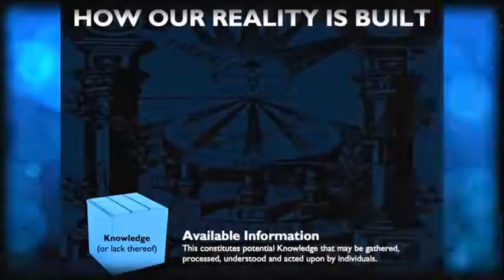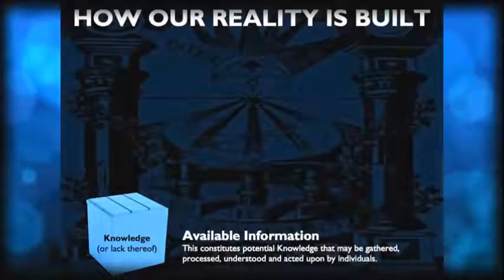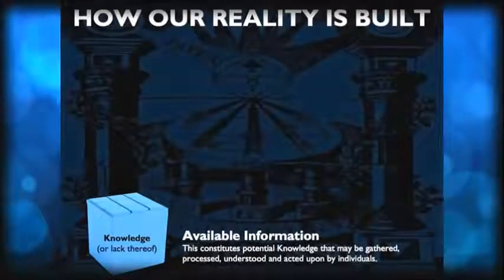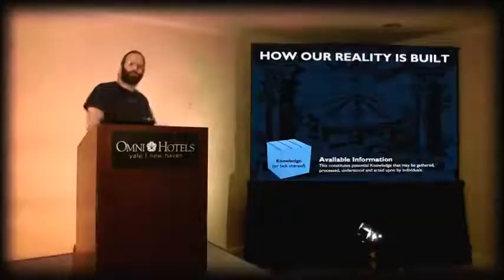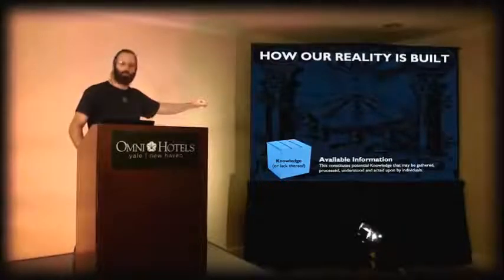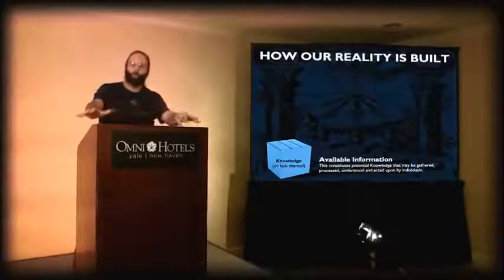It can be gathered, it can be processed, it can be understood, and then it can be acted upon. You could call this the grammar stage of this three-part process I'm going to explain. You could also refer to this as the input stage. If we're looking at it in a computer model, this is the stage of inputting information or programming something.